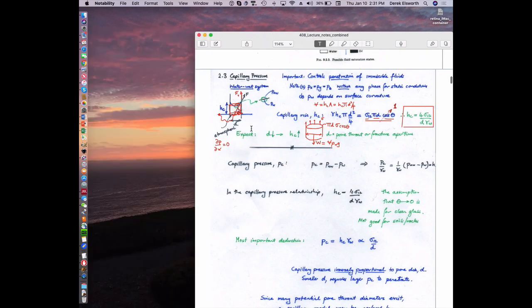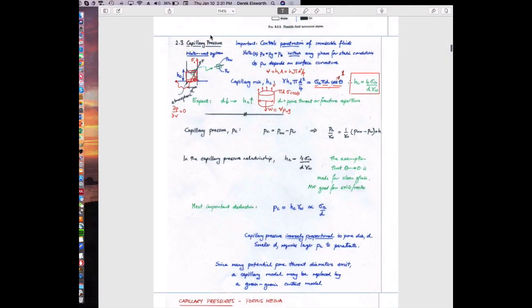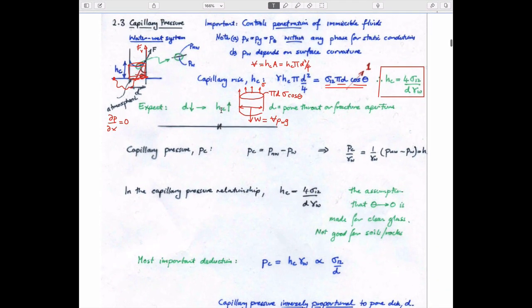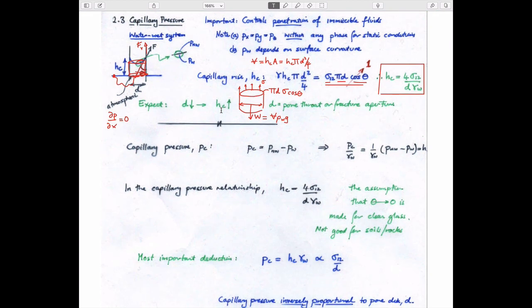All right, so our interests in this are a fewfold. Instead of looking at height rises, what we could do is look at the fluid pressures and how they differ as you go across this surface. Clearly the pressure within the air and the pressure within this meniscus are different. The curvature actually attests to that.